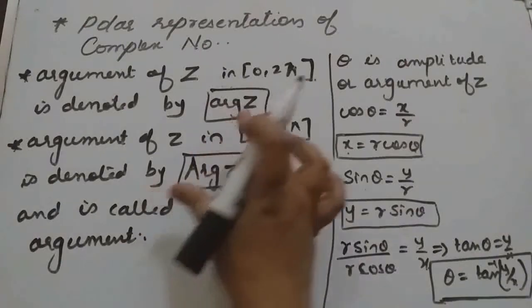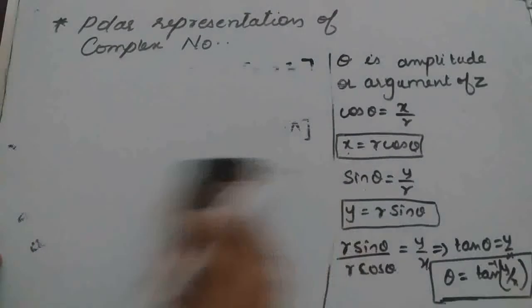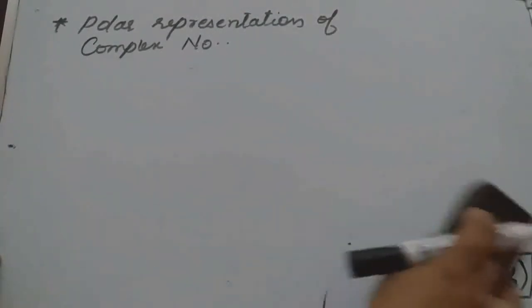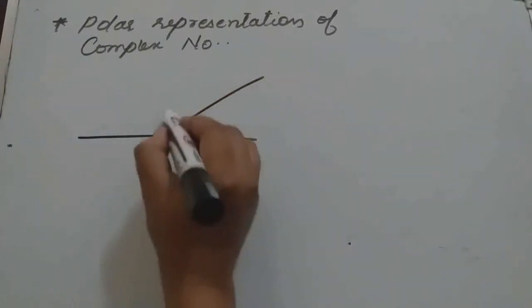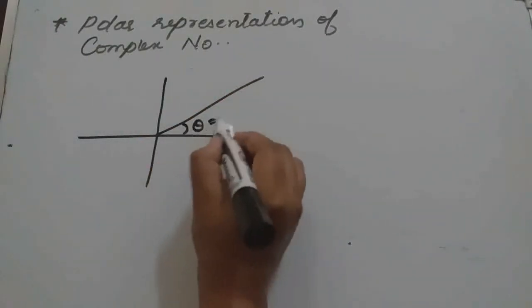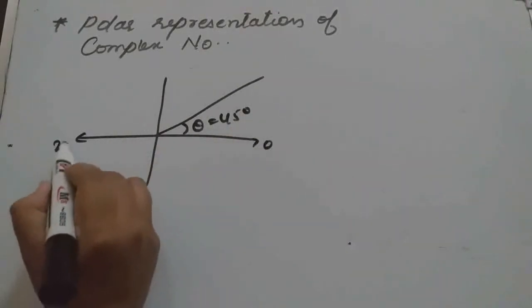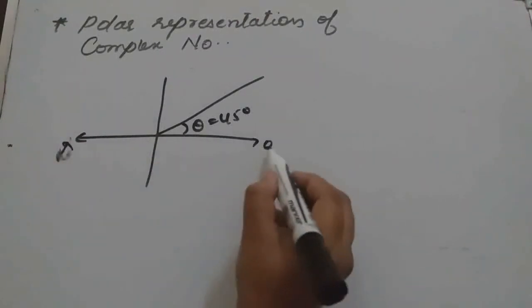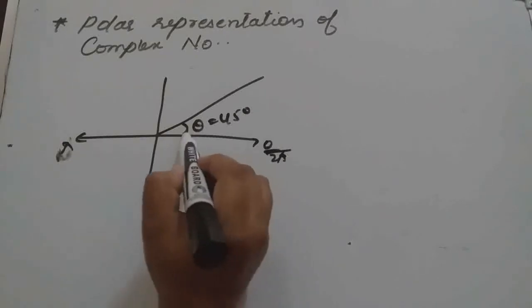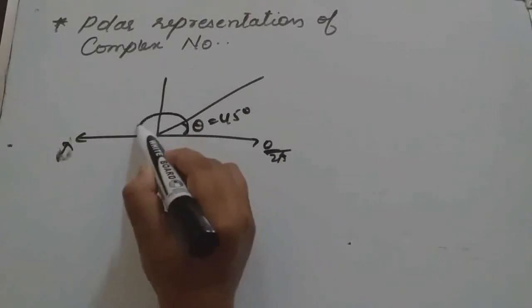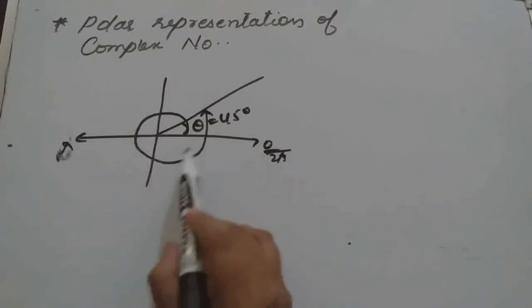What is the need of this principal argument? Now see here, suppose we got theta as some angle, 45. Between 0 to 2 pi, if we start from this and end here, this angle will also be equal to 360 plus 45.